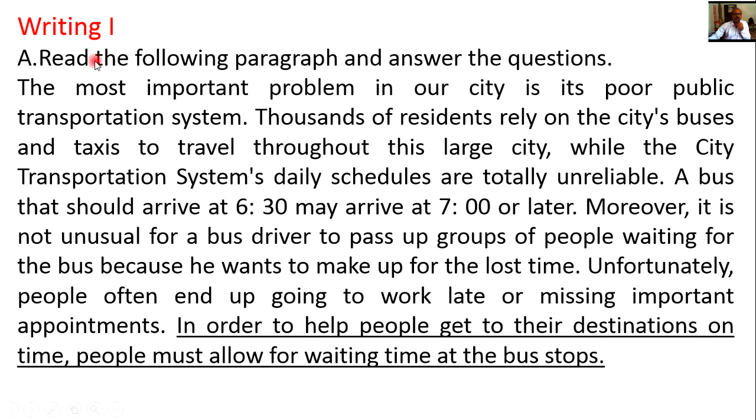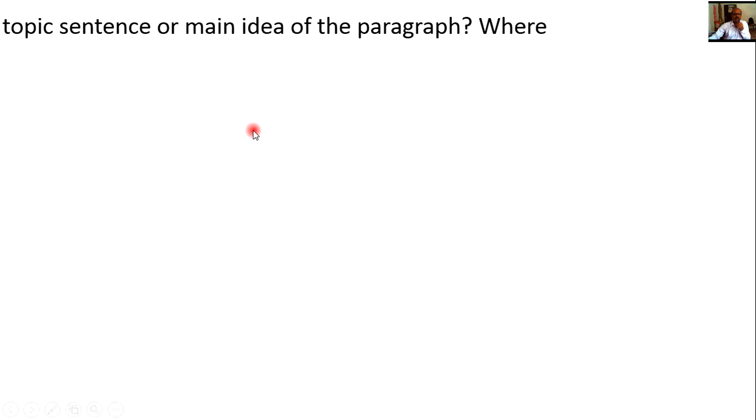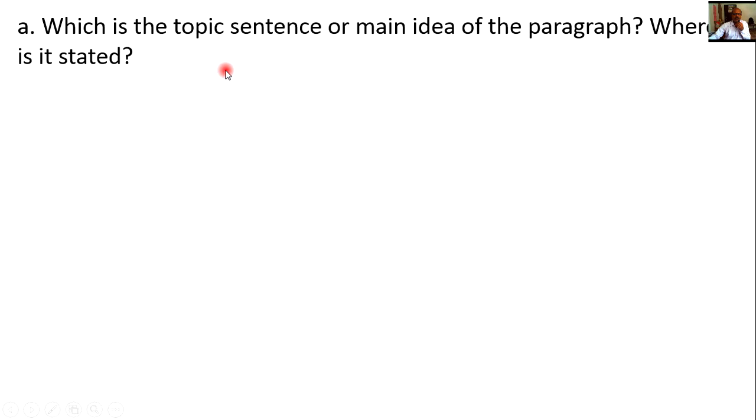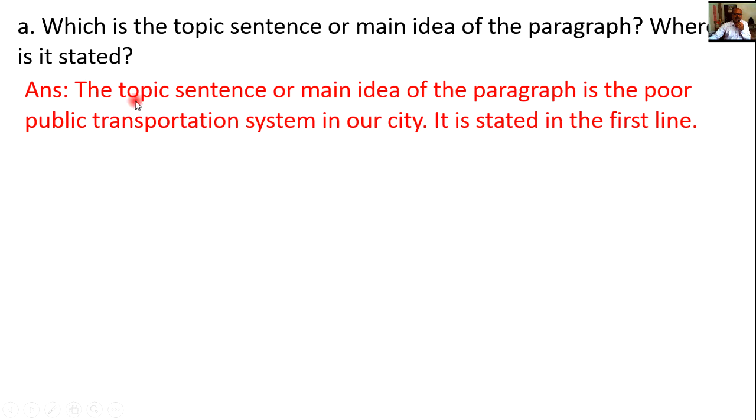Similarly, read the following paragraph and answer the questions. Read the paragraph yourself. And here the question is, which is the topic sentence or main idea of the paragraph? Where is it stated? The topic sentence or main idea of the paragraph is the poor public transportation system in our city. It is stated in the first line.